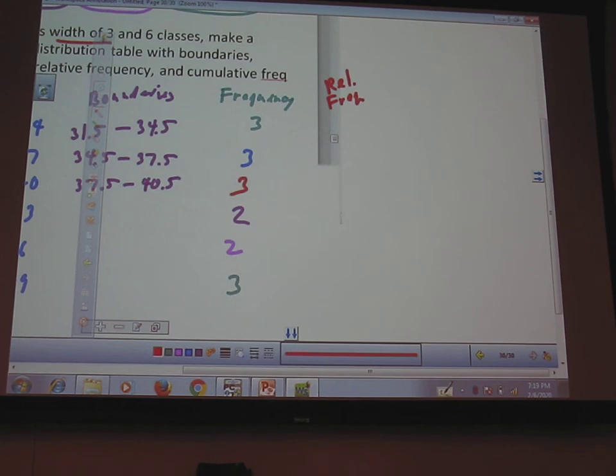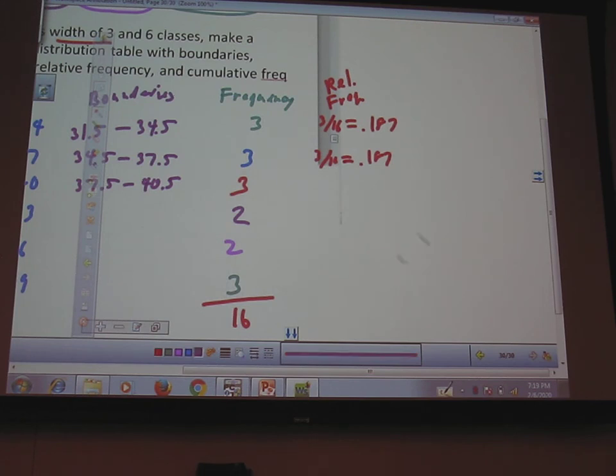That gives you the percent or the fraction in that class. So how many do I have altogether? 16. So this is going to be 3 out of 16, which is 0.187. Right, and so you're going to find all those in decimal.